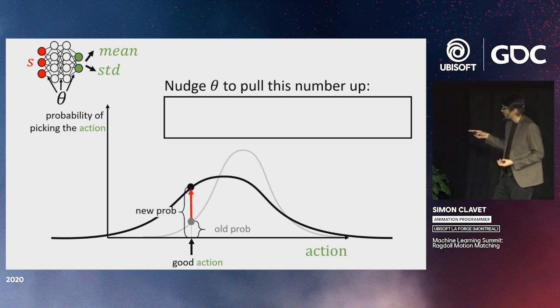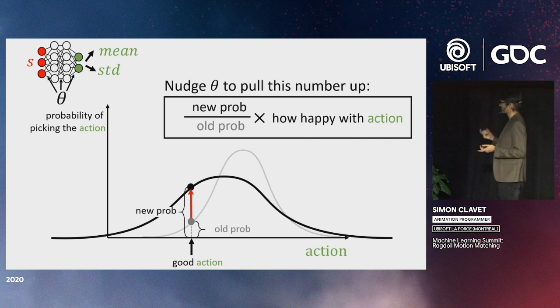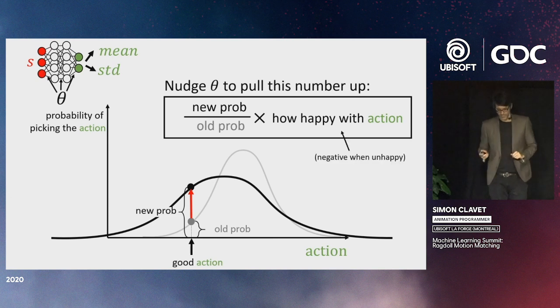New probability, old probability at this action. One idea is to pick the ratio of these two. What's the ratio of these things? In this case, it's like 3, approximately 3 times bigger. And we want this to be big if we were happy with the action. So the trick is to just multiply it with some number that tells us how happy we are with the action. So we have an equation here.